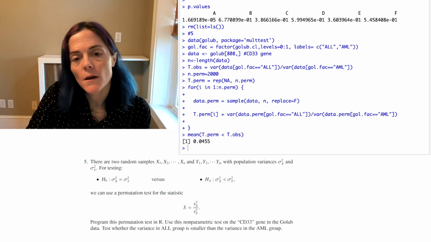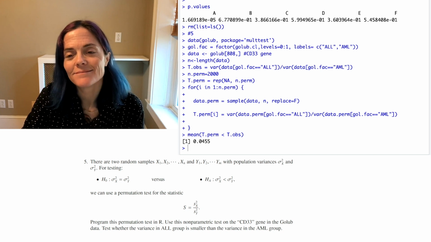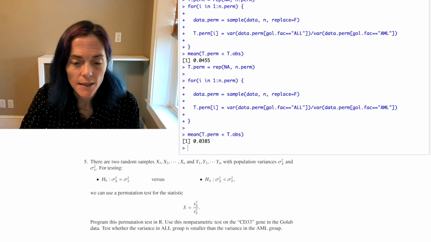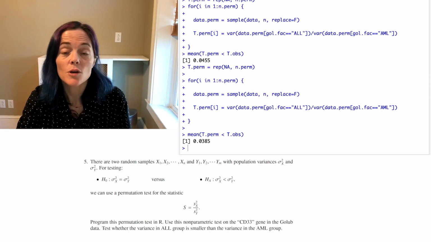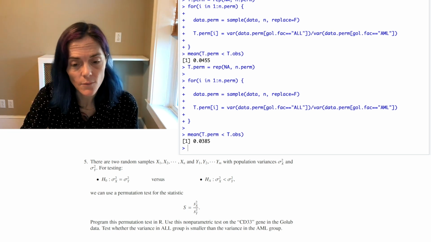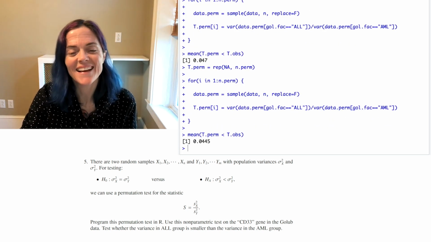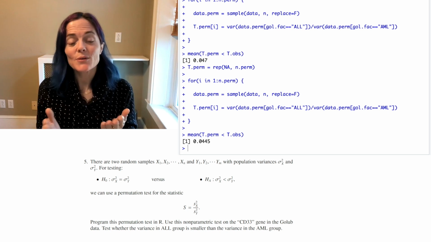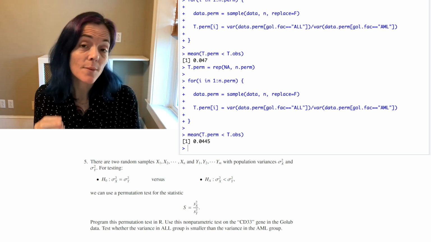And we would claim that the variance of x is less than the variance of y, at least from our permutation test. Well, as a remark, what would happen if we run it again? Okay, now we have an even smaller p-value, still statistically significant. We run it again. We run it again. Okay, well, you notice every time you run this permutation test, you're getting a different p-value.